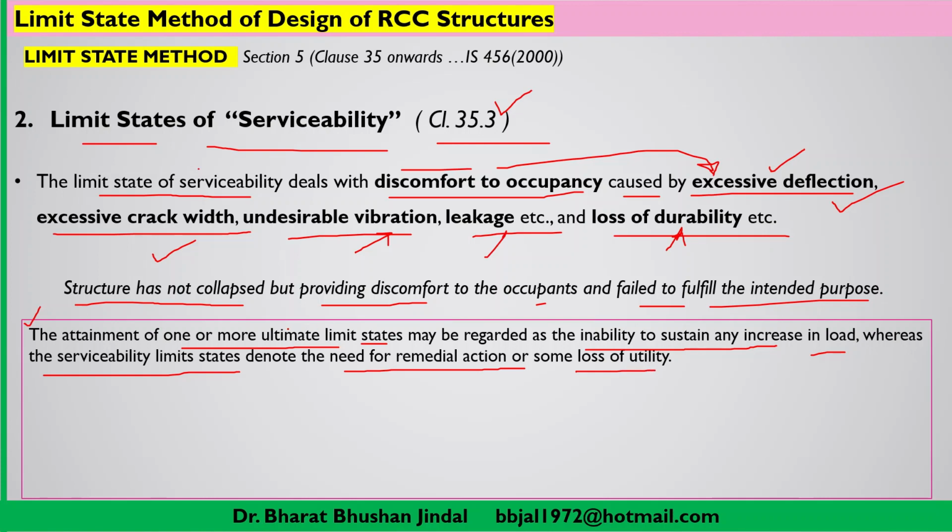So if the structure which you have designed is reaching the limit state of collapse, that means it is not able to sustain any type of load. After that, it will collapse. Whereas when we are talking about serviceability limits, the serviceability limit indicates that some remedial corrections need to be taken so that it should not lose its utility.